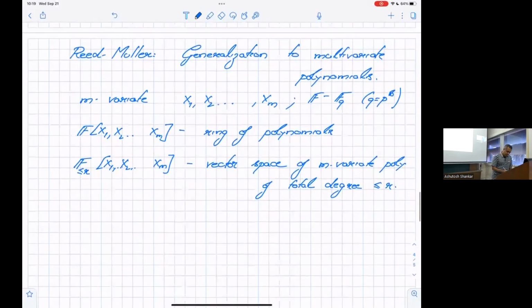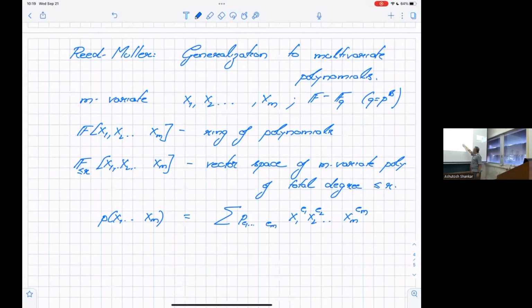Any polynomial P of x1 to xm looks like a sum of coefficients p_{e1,e2,...,em} times x1 to the power e1, x2 to the power e2, up to xm to the power em.